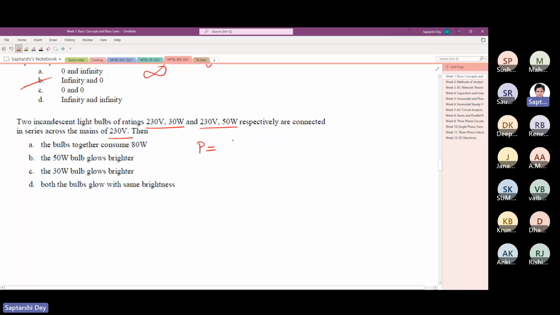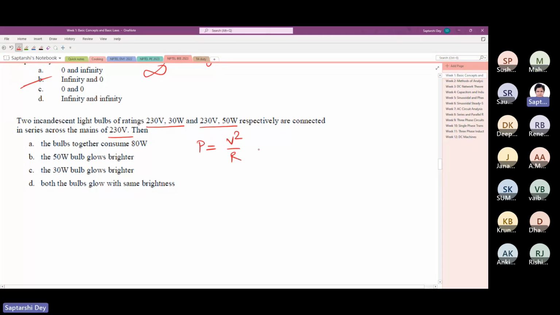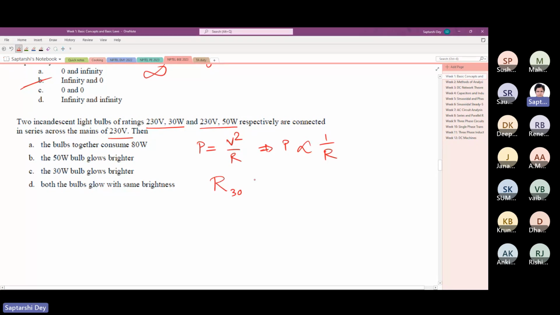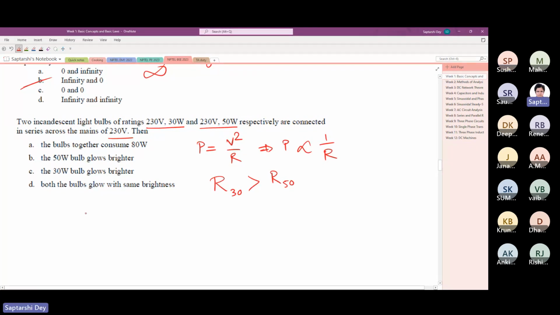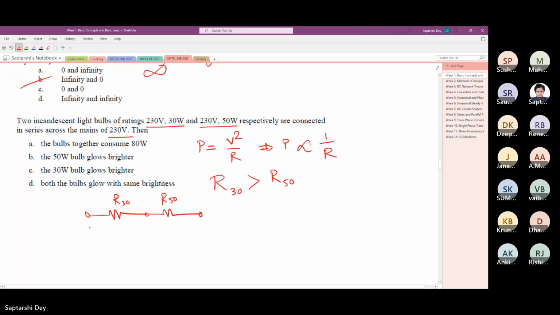Power is V squared by R. V is same for both. So from here, P is proportional to 1 by R. So the resistance of the 30 watt bulb is greater than the resistance of the 50 watt bulb, right? Yes, power is less, resistance is more. So the two resistances are R30 and R50. They are connected in series like this.